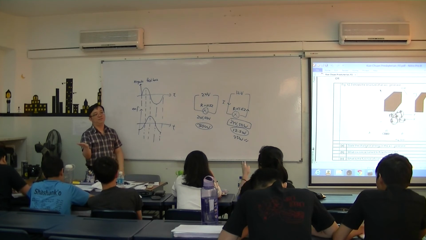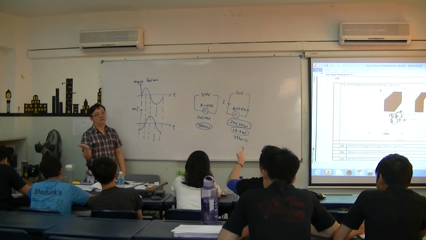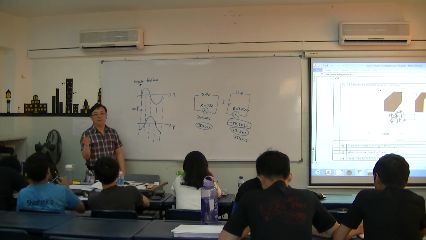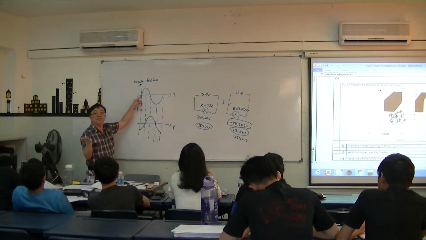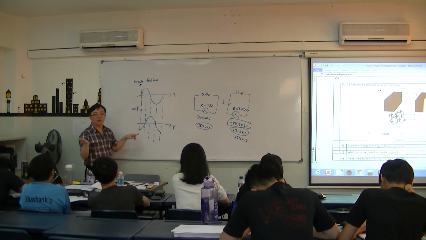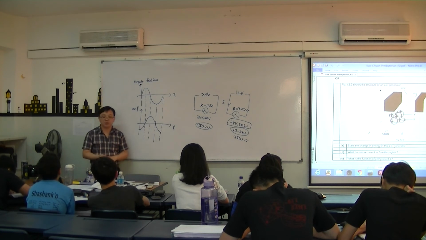But if it starts from maximum, the magnetic field line is vertical. But horizontal means EMF is maximum initially. So you must not forget the orientation is very important. Exams like to ask.